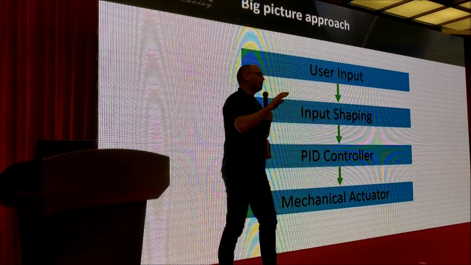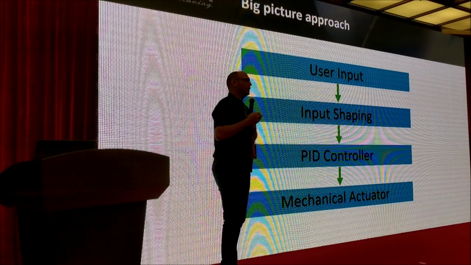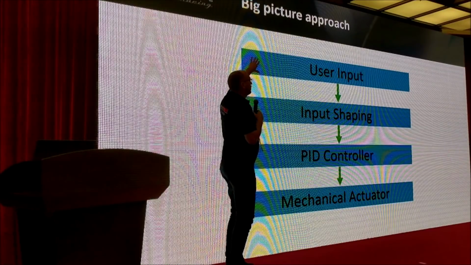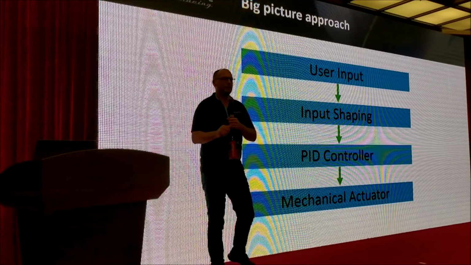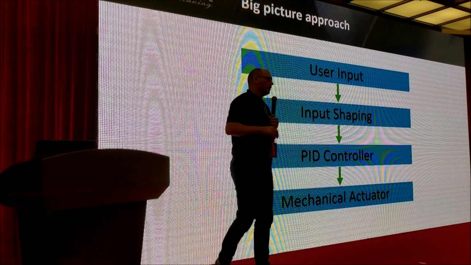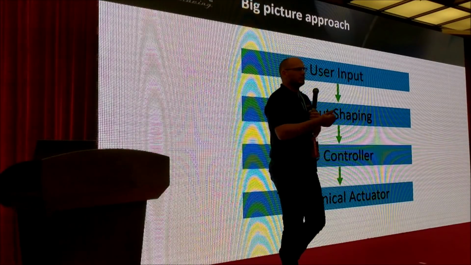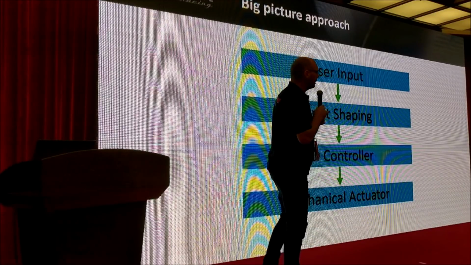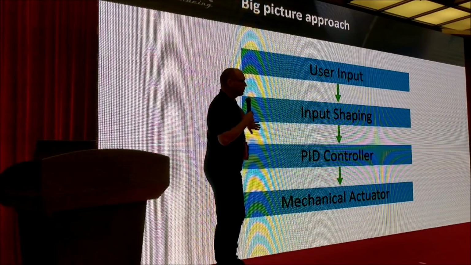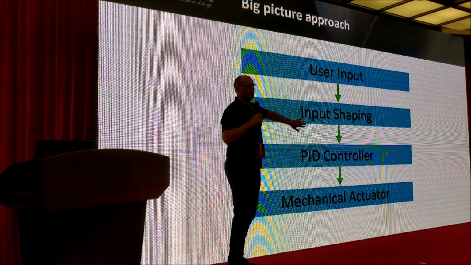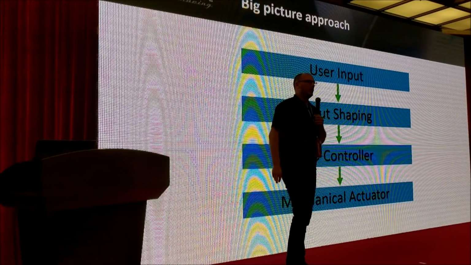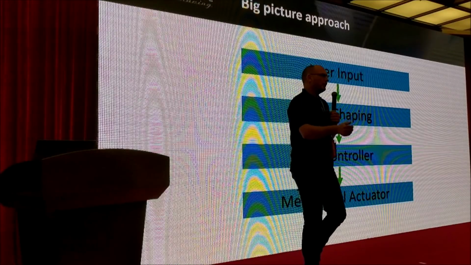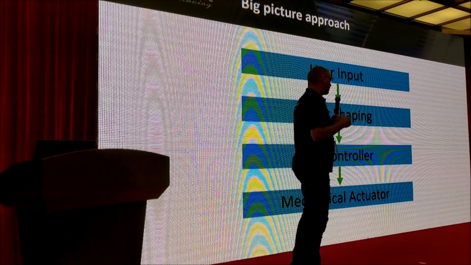Now the input shaping takes the pilot's input and it turns a crappy pilot that's very rough and moves the sticks badly, not very smoothly, and it turns them into a wonderful pilot. It smooths the stick input like that pilot's been flying forever and has beautiful control over the sticks.